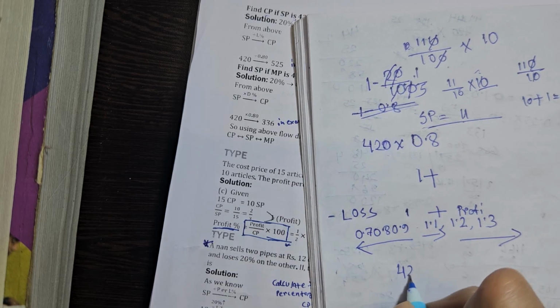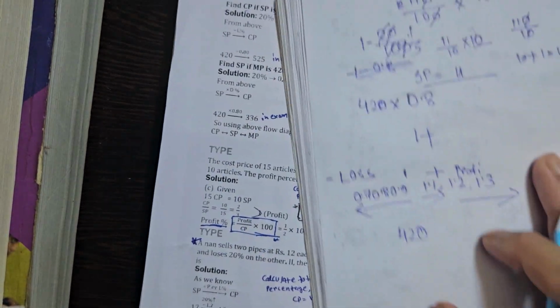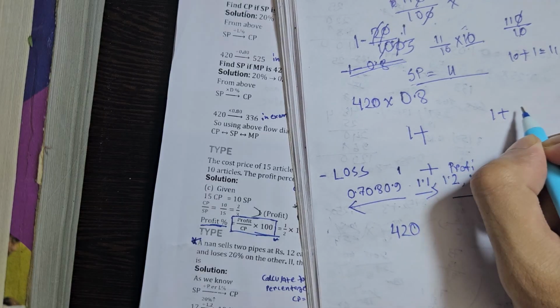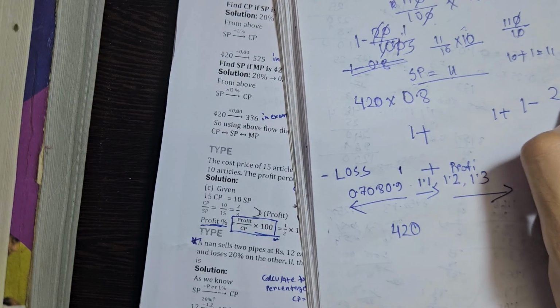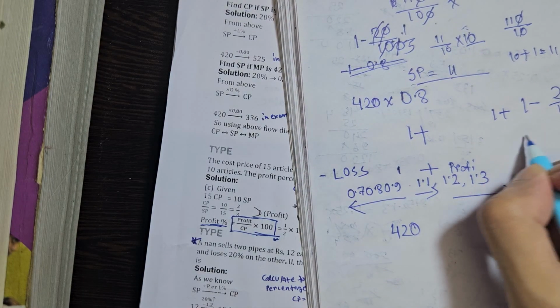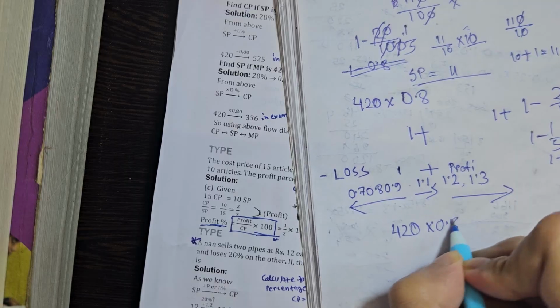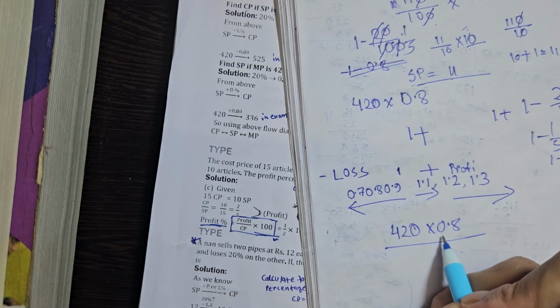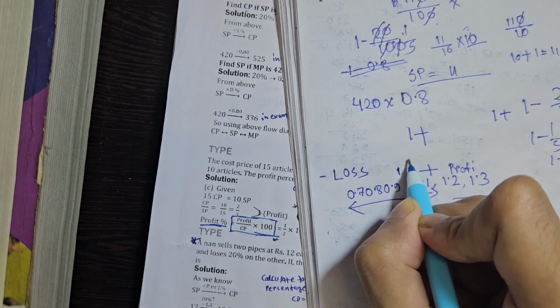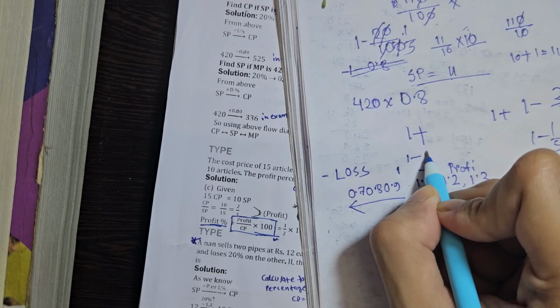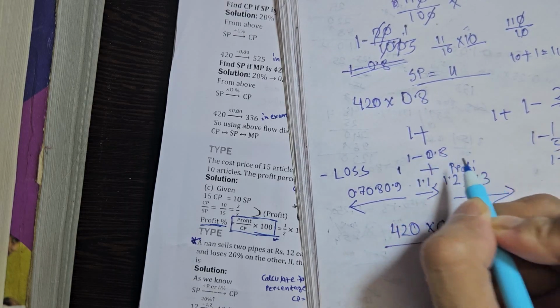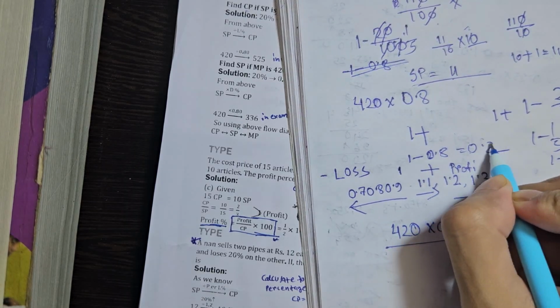So now it would be 420. Because there is a loss of 20%, you don't need to do this 1 plus or 1 minus 20 by 100, it is so time consuming. 1 minus 0.2 gives 0.8. So if this is a loss, it would be 1 minus 20%, so 0.8.